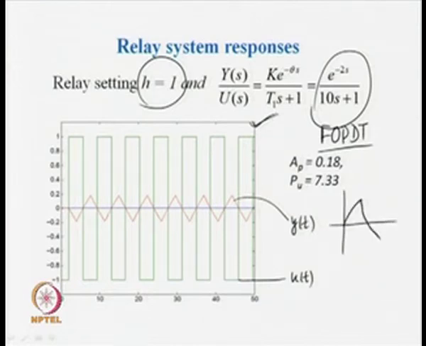Now, you will have a form like this, where u(t) will have a shifted one. So, there is no shifting here. When you show the shifted version, this becomes the y(t) and this becomes the u(t minus theta).